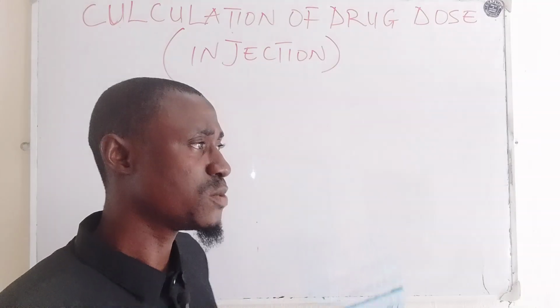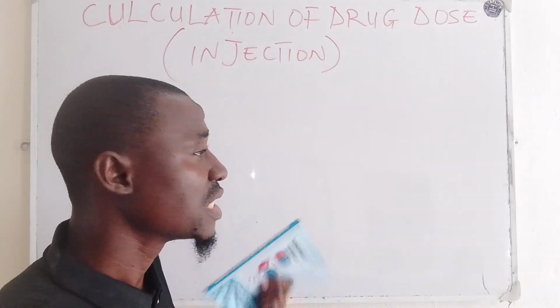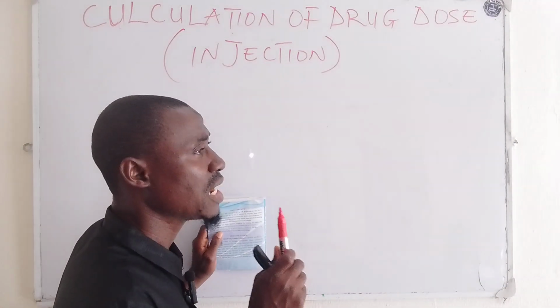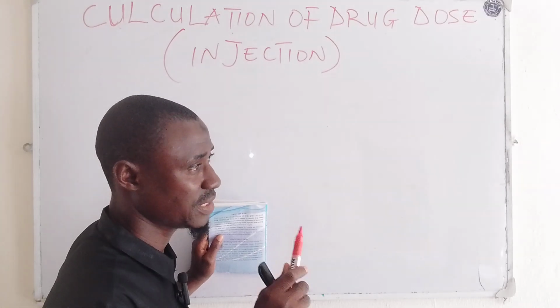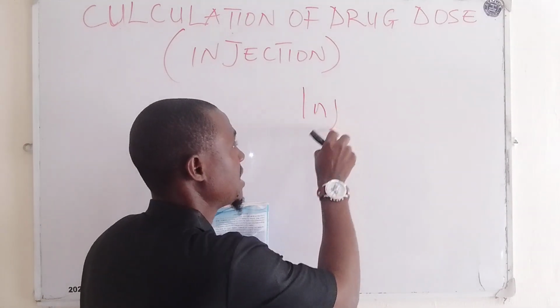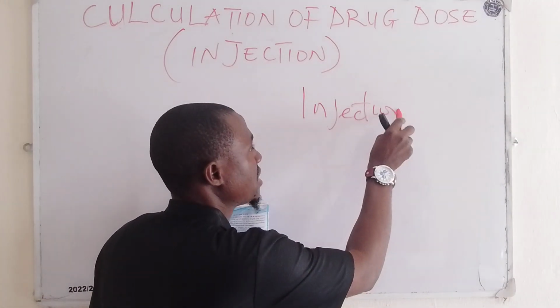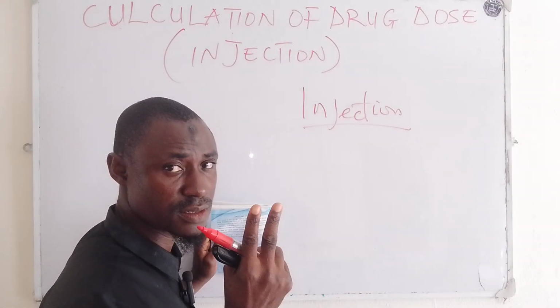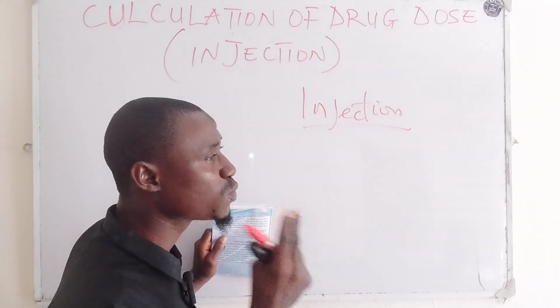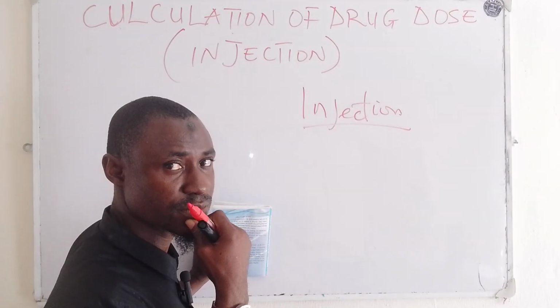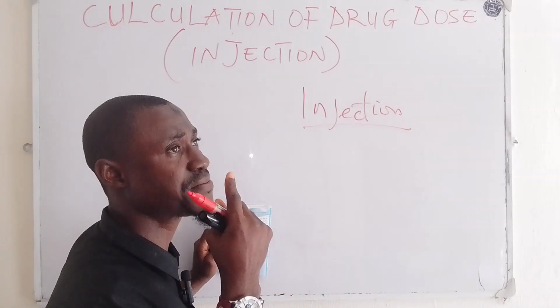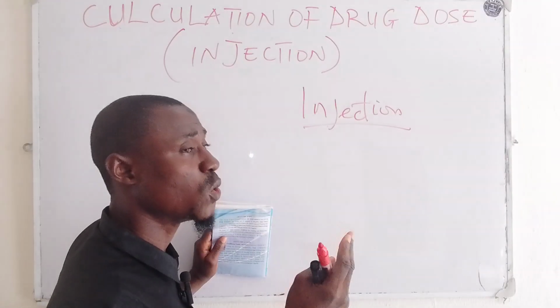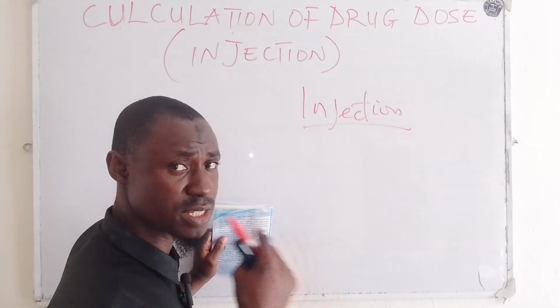If the drug is an injection, there are two steps, or one step, depending on the situation, to calculate the dose.